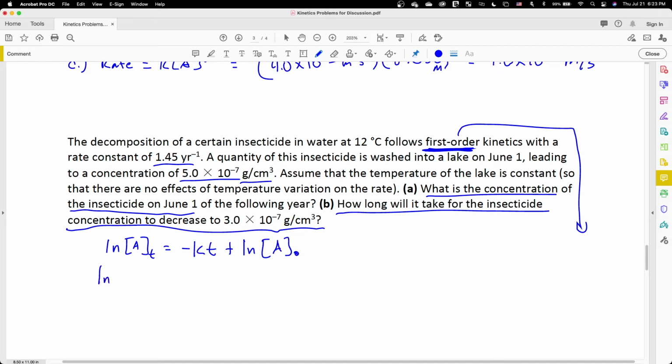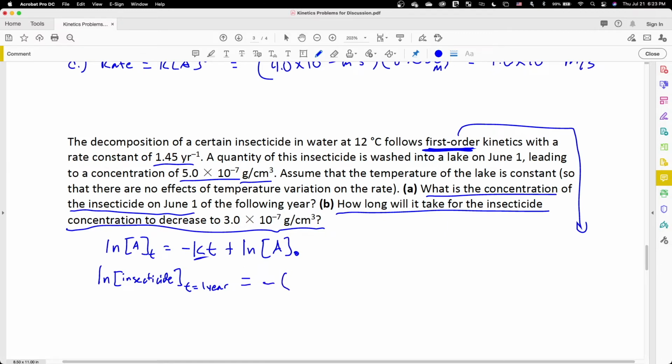So the ln, or the natural log, of the insecticide at time 1 year equals everything that you plug in here, which is the negative k.